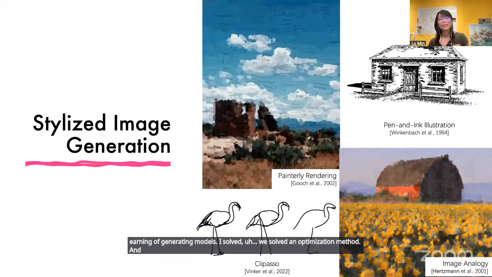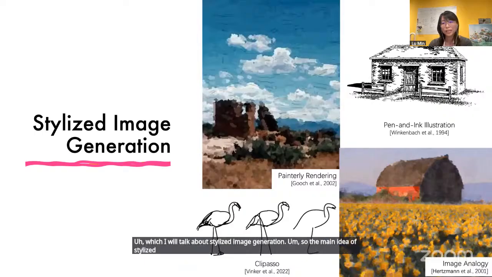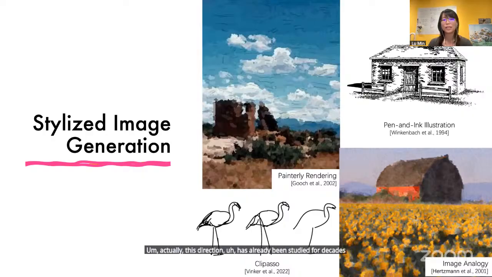And now let's switch to another topic, where I will talk about stylized image generation. The main idea of stylized image generation is to generate nice images that are stylized and artistic. Actually, this direction has already been studied for decades.